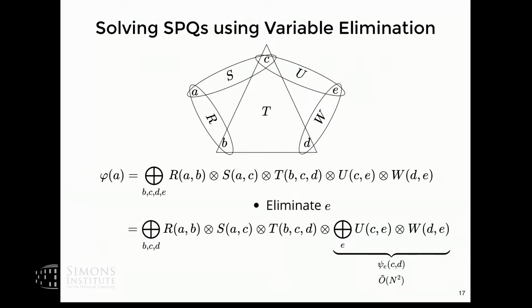And Mahmoud, if I understand correctly, you're going to include not just a projection of T on T, but also the projection on S, which didn't help you, but you include everything that contains variables from your factor. Yes. Yeah, that's basically the definition of the fractional edge cover number of a subset of variables in a hypergraph.